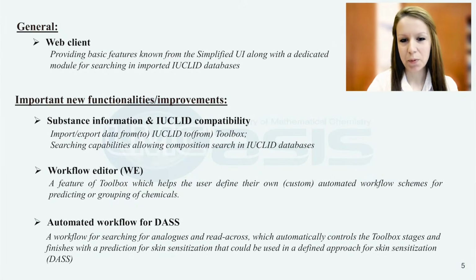For example, once we have Euclid information in Toolbox, we can use the searching capabilities to search for substances having a specific impurity. Furthermore, we can easily see the data points which are obtained for test materials different than the main substance.